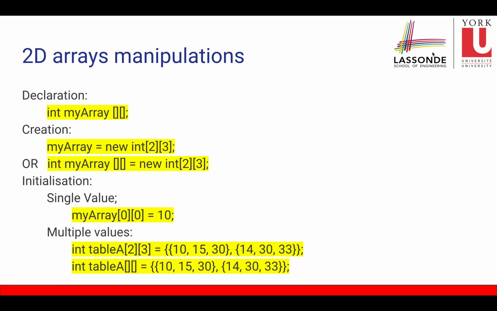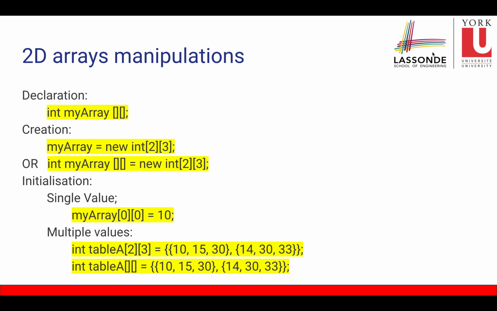Initialization of the 2D array. We could assign values one by one to the elements. We could also use embedded brackets with values, assigning the values to the array at declaration and allocation time.